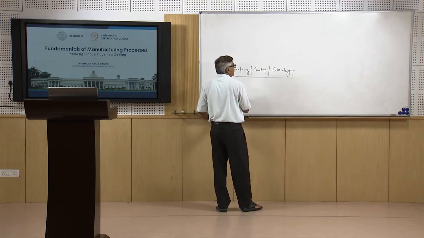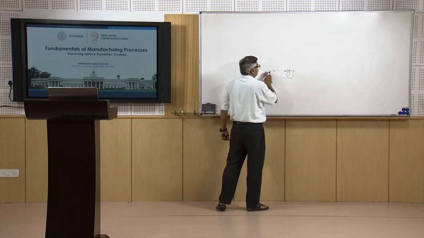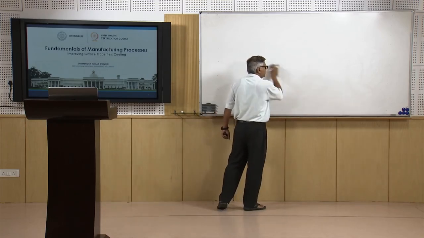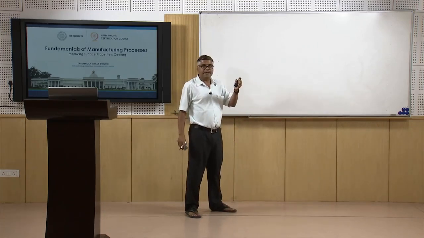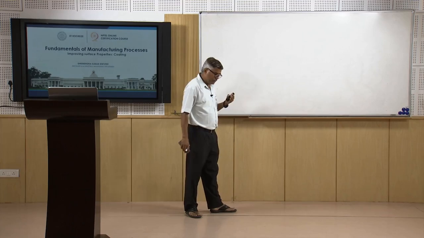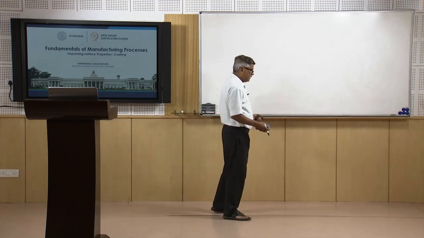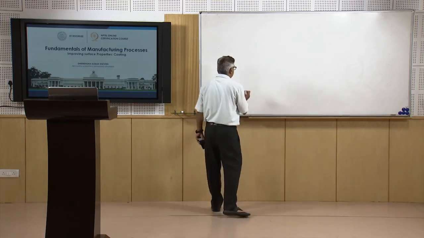Another category of the process of surfacing, coating and overlaying is that all these are of one category wherein a layer is built up over the surface of the base metal, so that the required properties can be achieved at the surface.